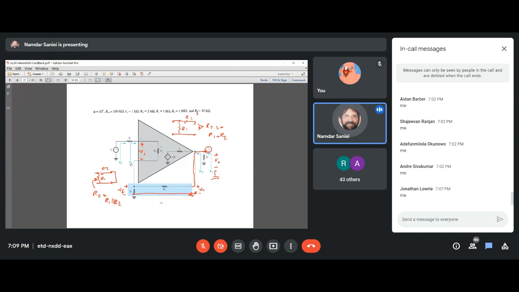So the true input resistance of the amplifier and the true output resistance. These are the notations we often use, but I will also try to verbally indicate what we are looking for when it comes to the exam, for example the final, so that you don't get confused. So remember the true input and output resistance versus the input and output resistance under feedback in the ideal situation.